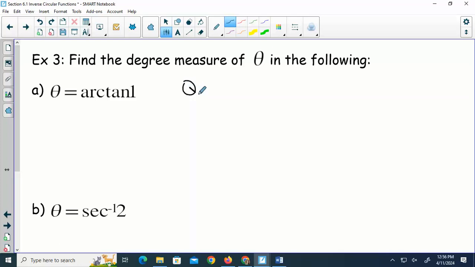What quadrants can tangent inverse be in? 1. In which one would it be positive? So what this means is tangent of some angle is equal to 1, and I have to give that angle in quadrant 1. So when is tangent 1? 45 degrees.